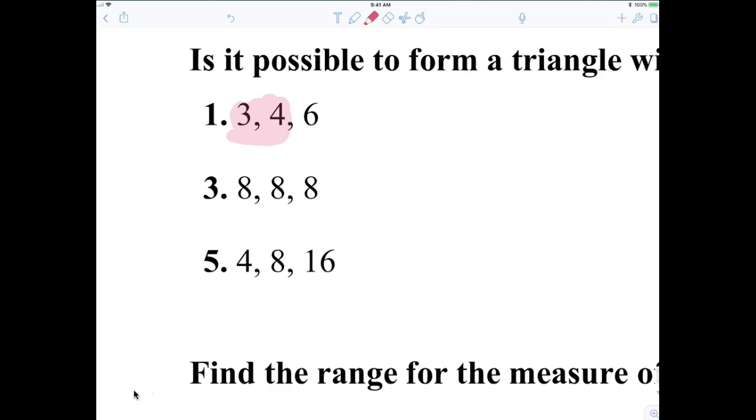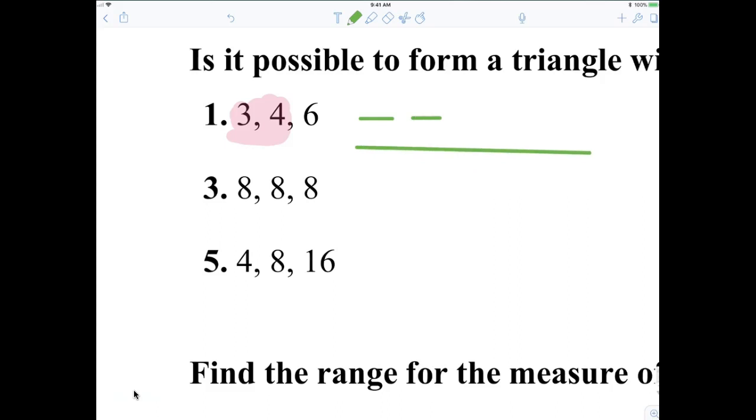So if I gave you a length 3, a length 4, and a length 6, could you make a triangle? And the answer is yes. Hopefully you realize you can't always make a triangle. At first I thought you could just make a triangle with any size, but then you think about it, if somebody gave you a length of 1, a length of 1, and a length of 10, you can't do that.